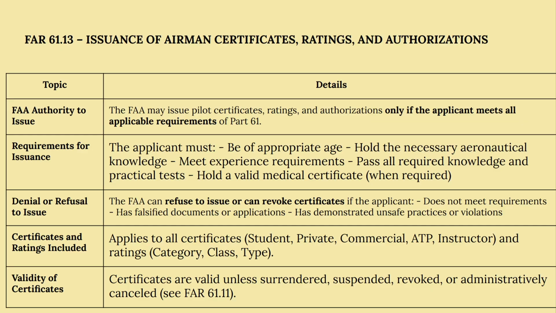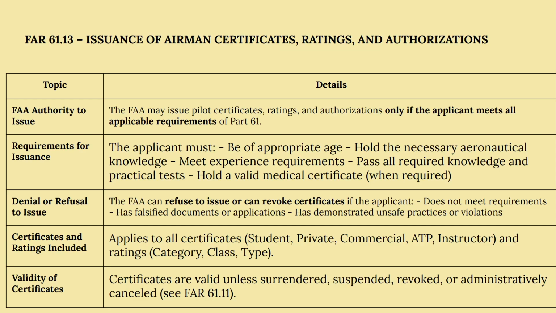Then we have 61.13, Issuance of airman certificates, ratings, and authorizations. The FAA may issue pilot certificates, ratings, and authorizations only if the applicant meets all of the requirements of Part 61. That's basically you pass your medical and your private pilot certification.